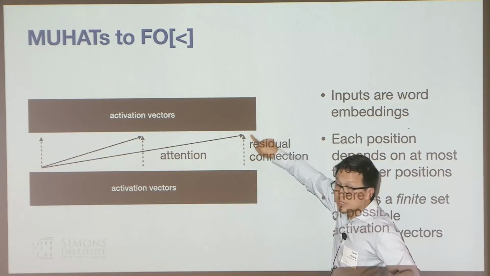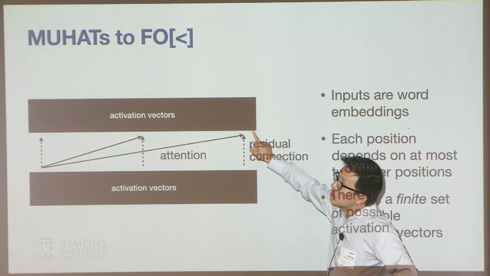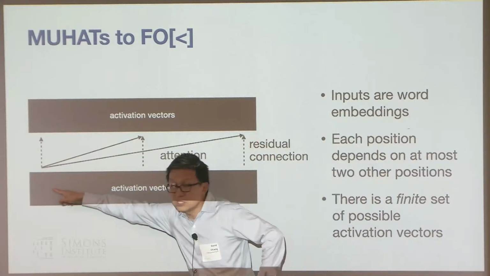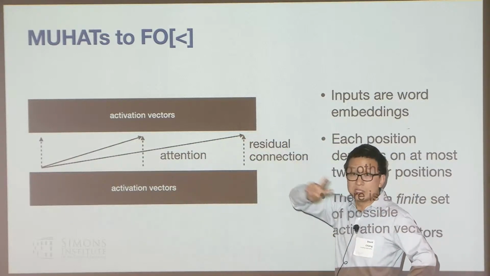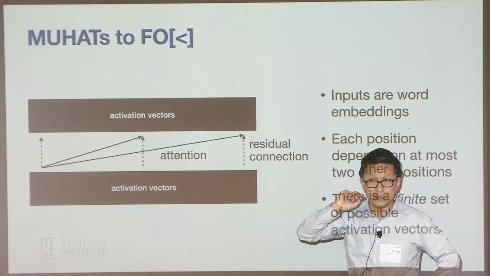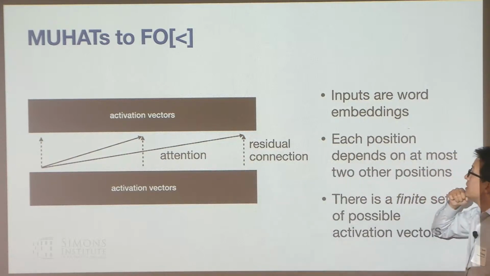There's always a residual connection that just copies over the value from the same position. And then the unique hard attention always attends to exactly 1 previous position. In this case, it's attending to position 0. So that means that the value at this position always depends on exactly 2 positions, except for the edge case of the beginning of the string.